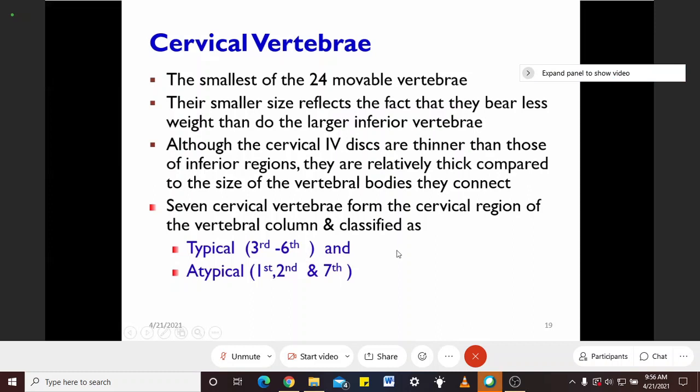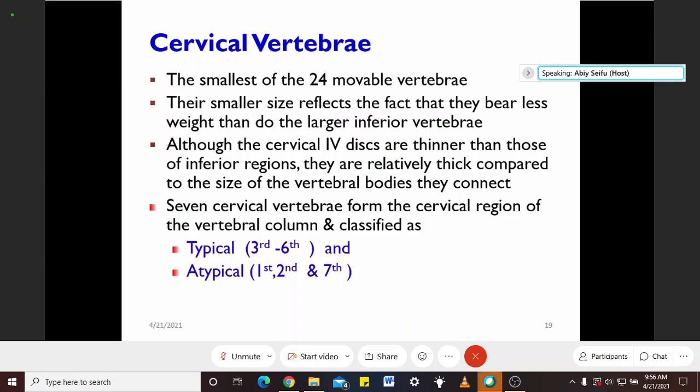Now let's see the characteristics of the cervical vertebrae. There are seven separate vertebrae in the cervical region, and there is also an intervertebral disc in between the vertebrae, but there is no intervertebral disc between the first and second cervical vertebrae.